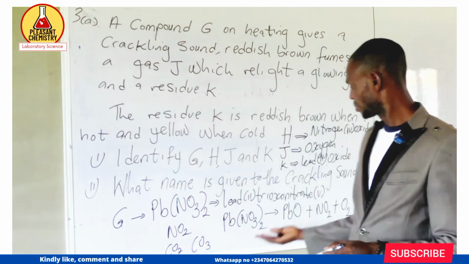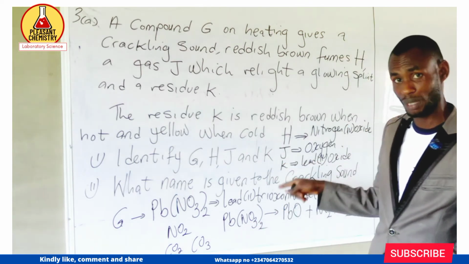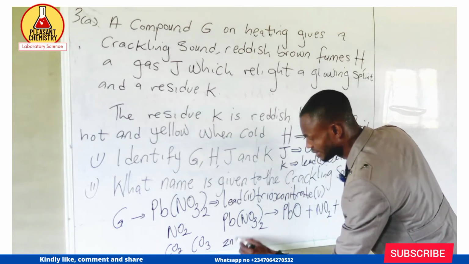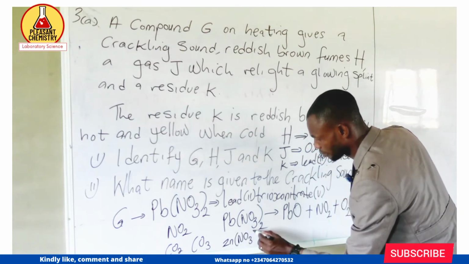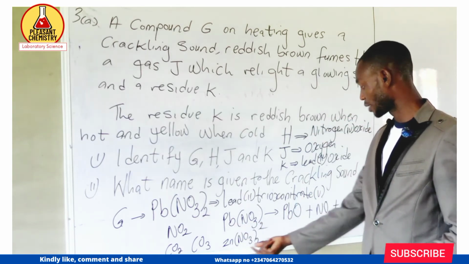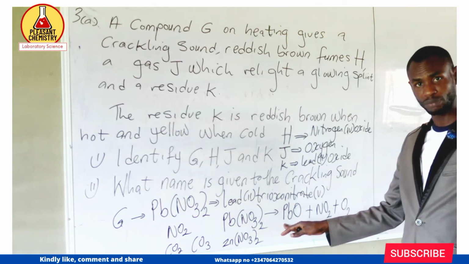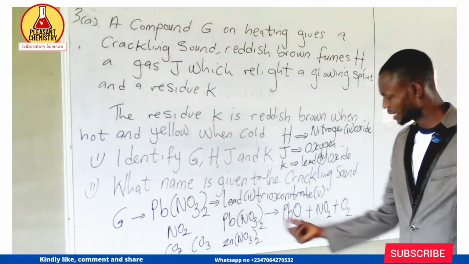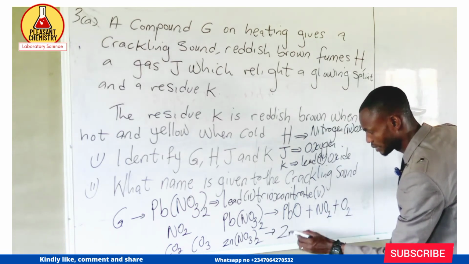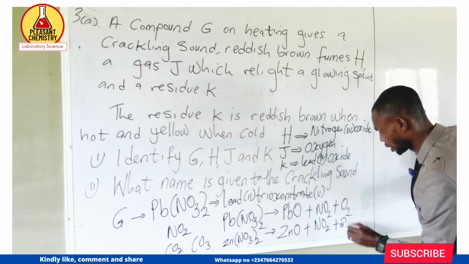Another compound similar to this Pb(NO3)2, though the question is not asking about that one, is zinc nitrate, Zn(NO3)2. We can replace Pb(NO3)2 with it because we are going to have a similar equation: ZnO plus NO2 plus O2.